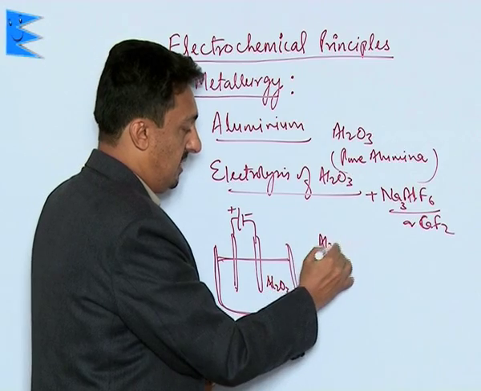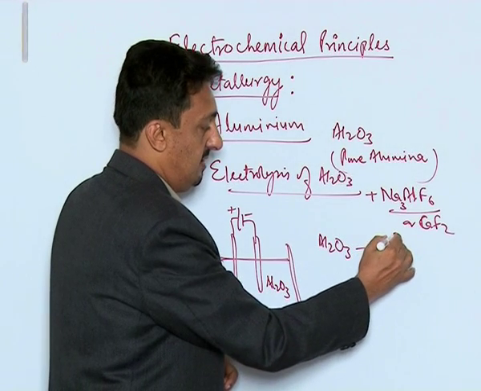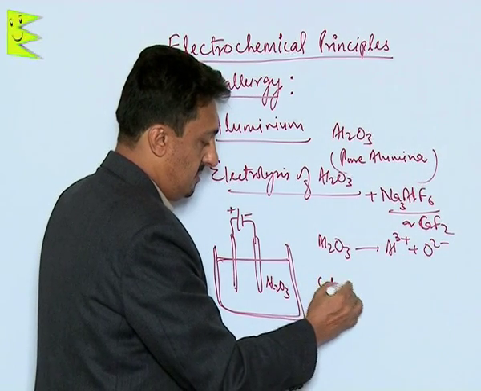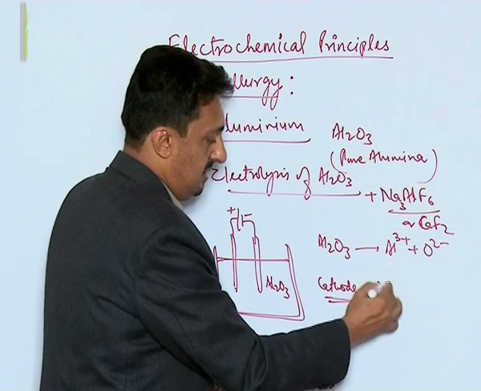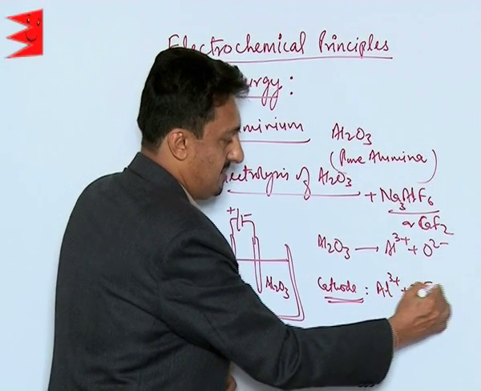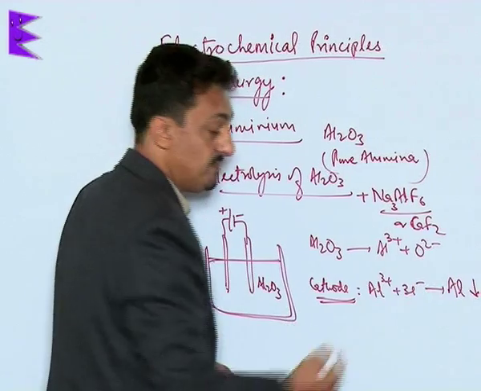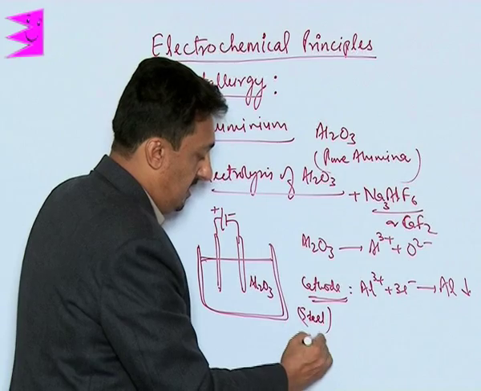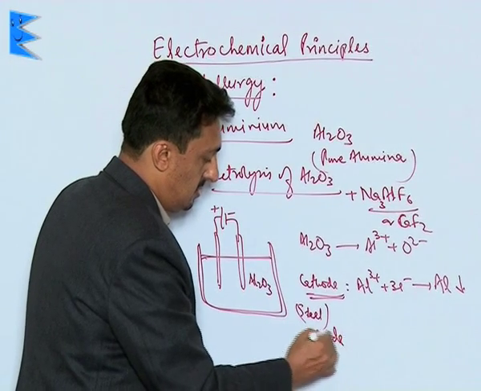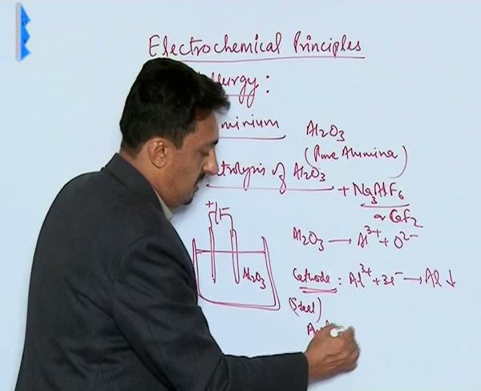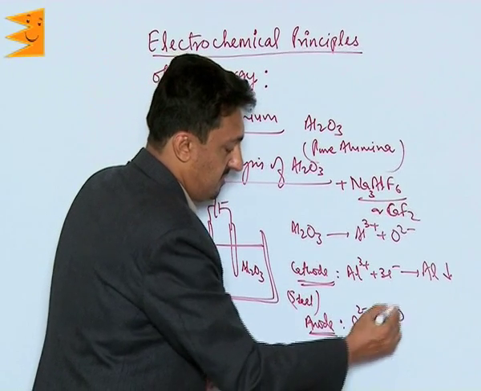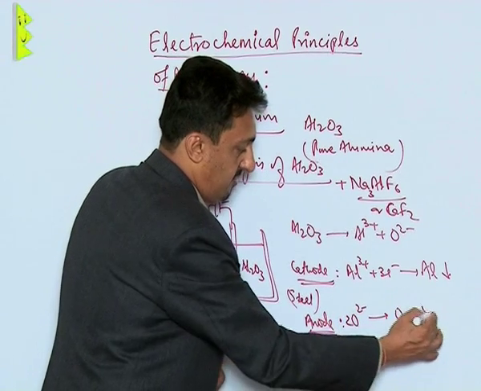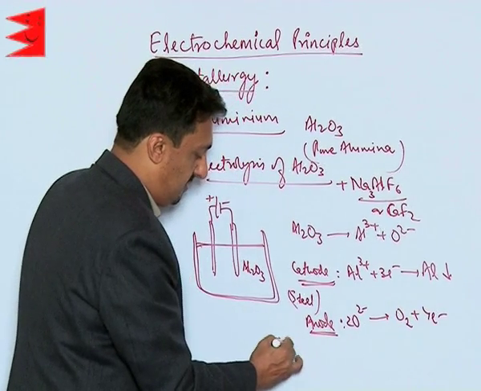Al2O3 will break down into Al3+ and O2-. At the cathode, the aluminium ion will accept electrons and get reduced to aluminium. Therefore, the cathode is taken of steel. At the anode, oxide gets oxidized to O2 plus 4 electrons, but actually the anode is always taken of graphite.